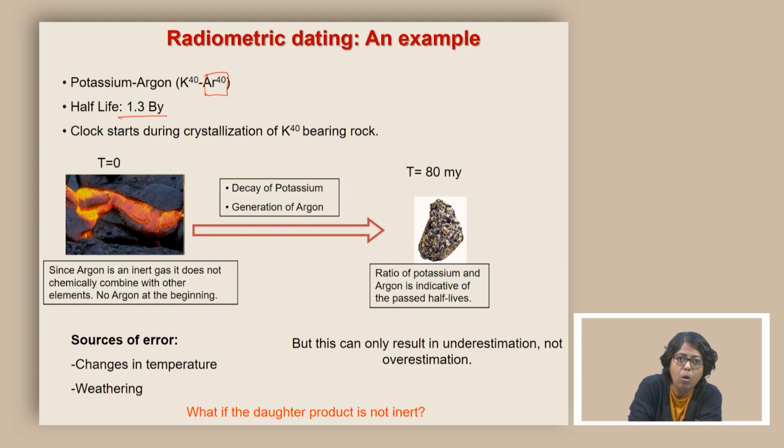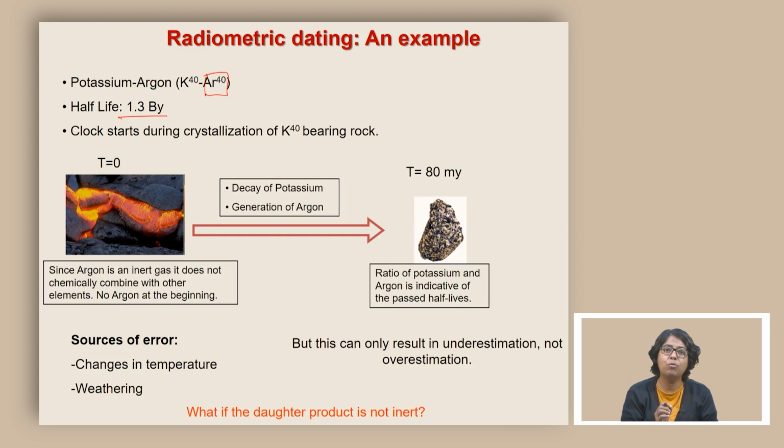The way radiometric dating works, the clock starts during the crystallization of K40-bearing rock. When things are in the molten stage, we are talking about igneous rocks, there are enough nuclides and it is all mixed up.